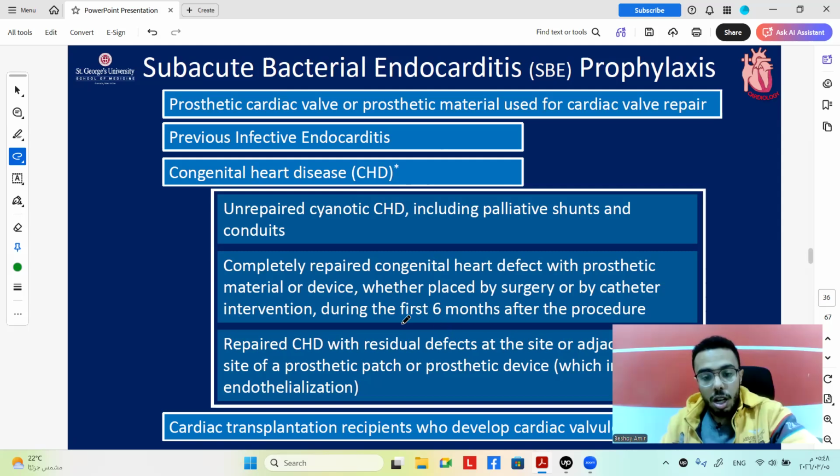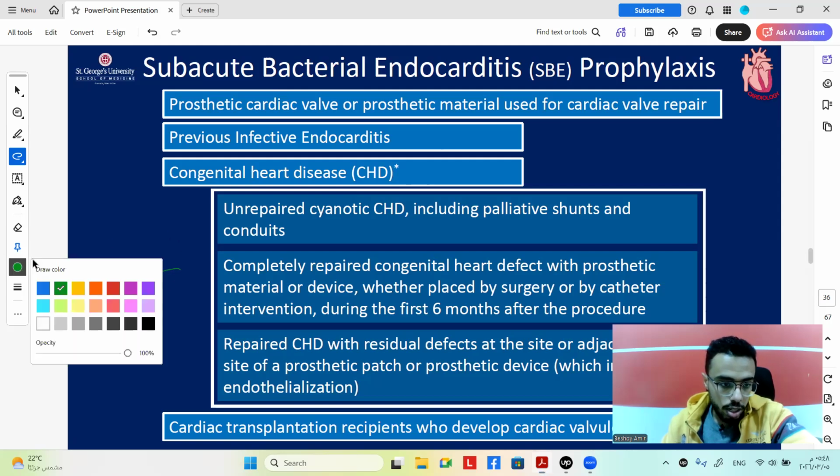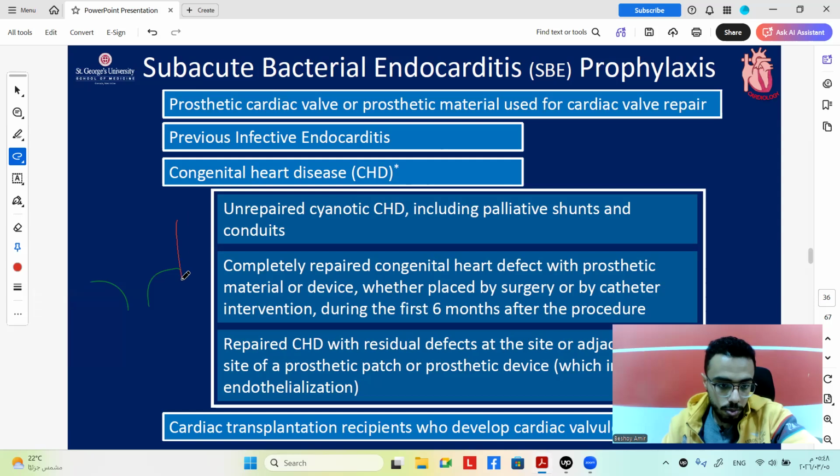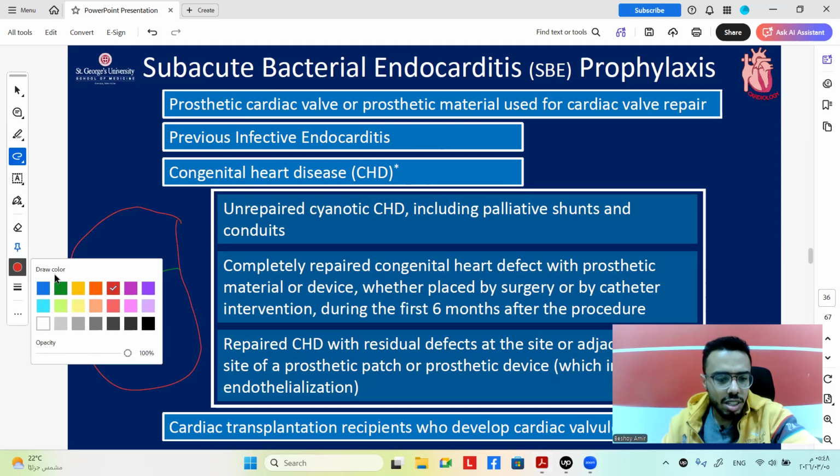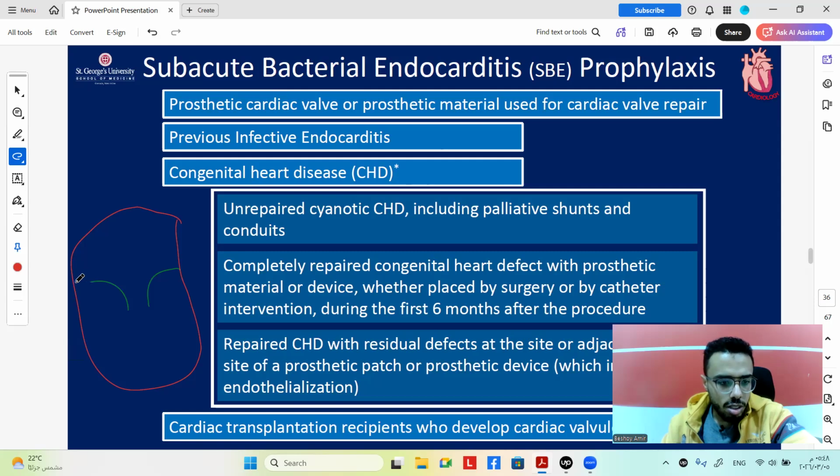You're welcome. But there's something: if I'm having a prosthetic valve, and here is a normal heart, there's something called epithelialization. It's like the normal epithelium of the heart is covering the prosthetic valve. So it's no longer foreign, it's covered with our cells.